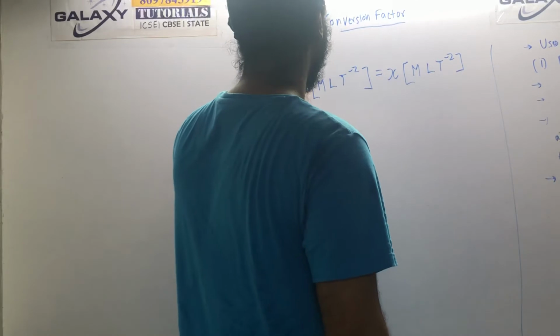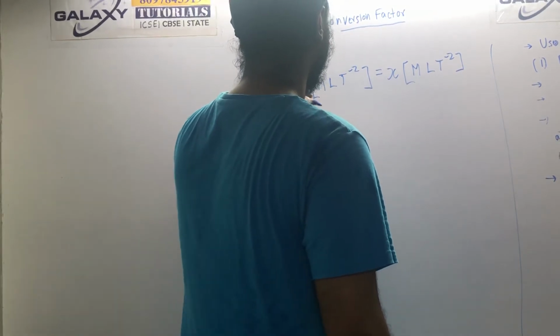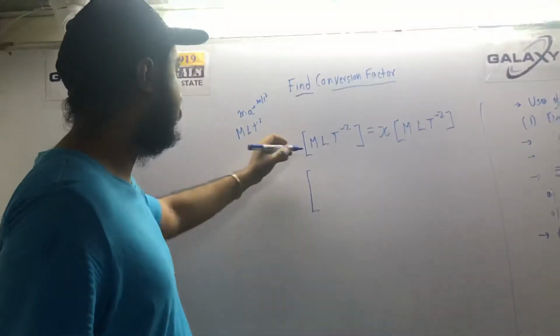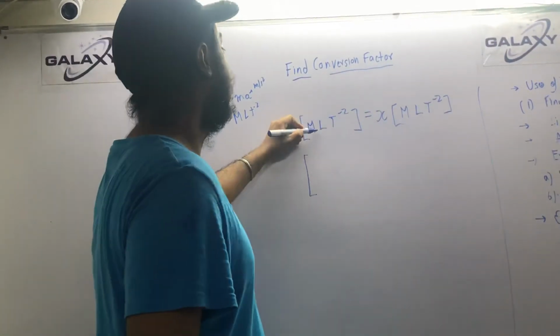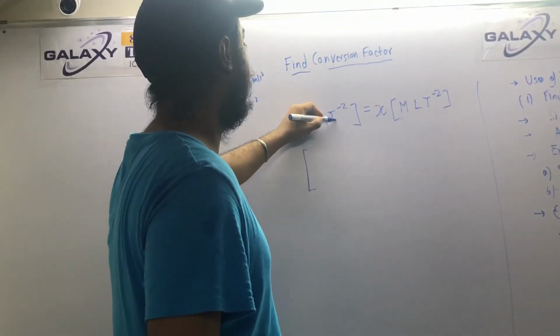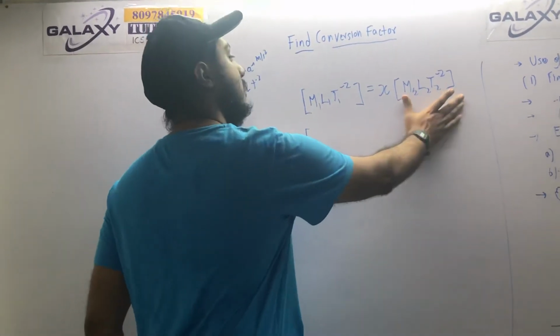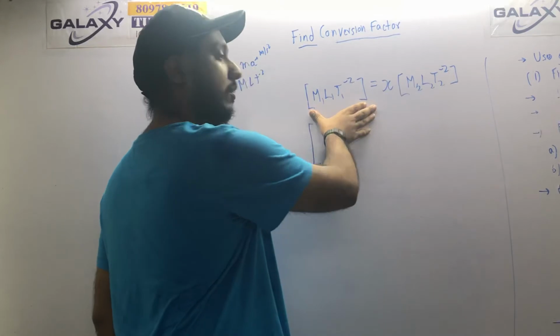Just write it like this. Because there are two different systems, this is m1 L1 T1 and m2 L2 T2, one for centimeter and one for the metric unit.